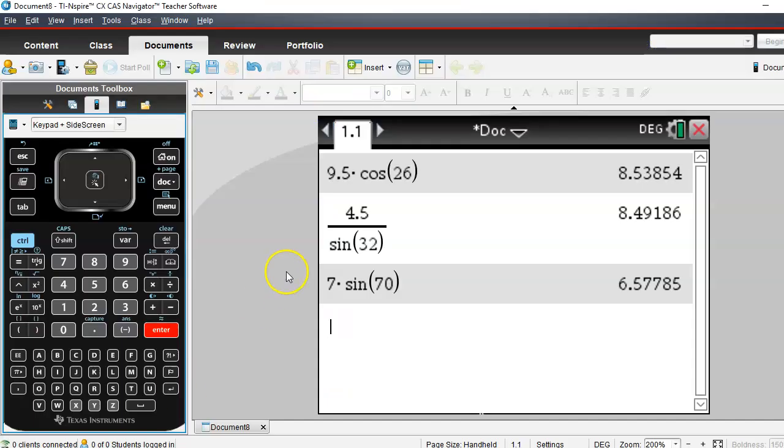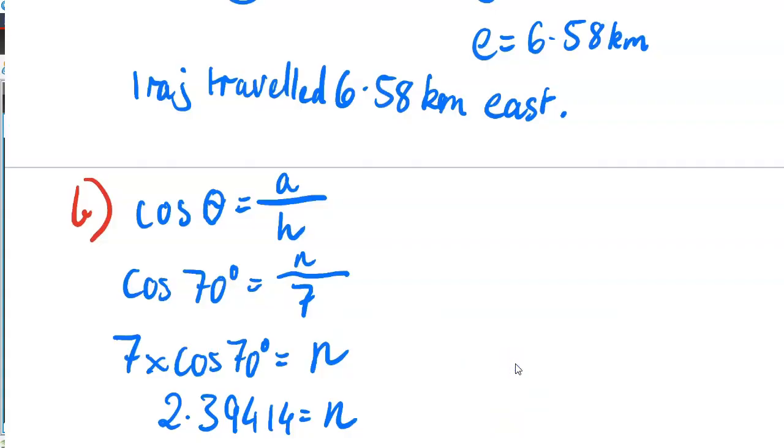Let's get my calculator out. 7 times cos 70 degrees. That is 2.39414 equals N. And we had to do it to 2 decimal places, so Araj travelled 2.